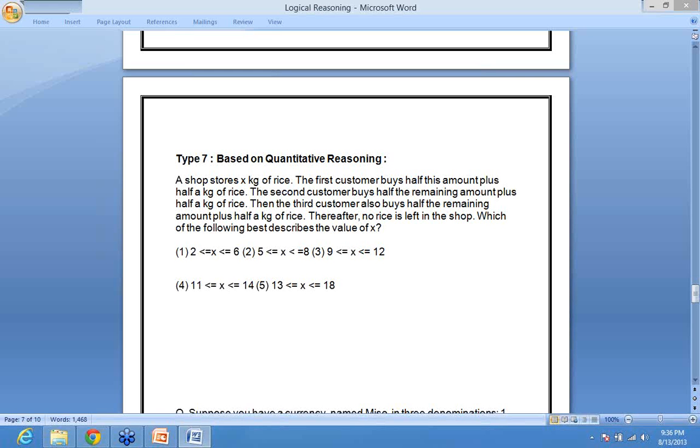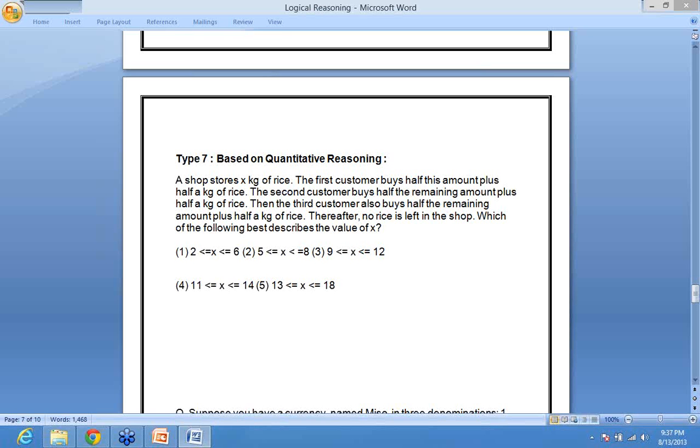Now it is quite evident that the number has to be an odd number, then only it will culminate to 0 after reducing half kg at every point. Because if you go in the opposite direction, see the question says a shop stores X kg of rice. The first customer buys half this amount plus half a kg.